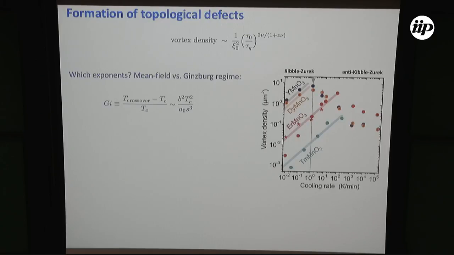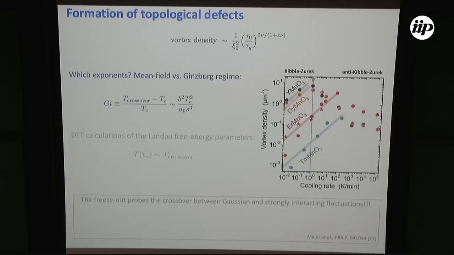But if the fluctuations are strong, then we are in the scaling region, and the values of these critical exponents are generally different. The answer to this question is the so-called Ginzburg-Levanyuk parameter that determines the crossover between the two fluctuation regimes, the mean field regime and the Ginzburg regime.